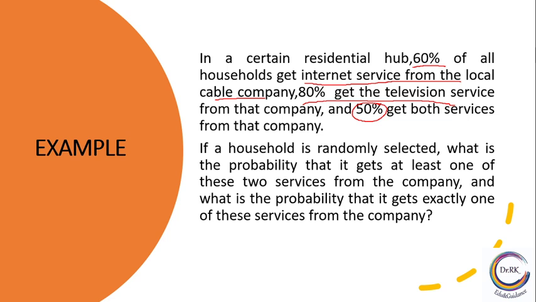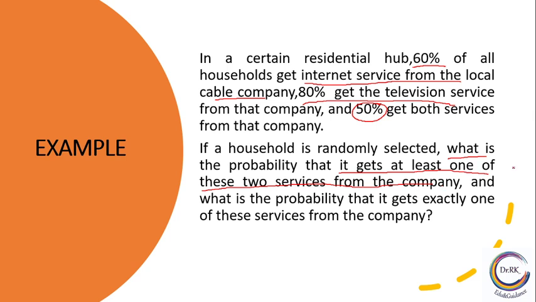We need to find some information. If a household is randomly selected, what is the probability that it gets at least one of these two services from the company? That is one question.